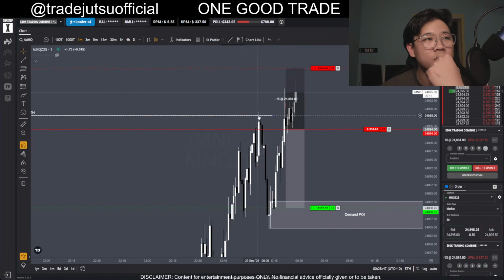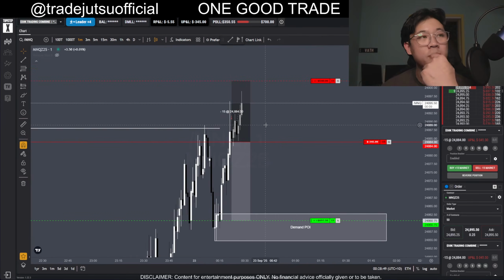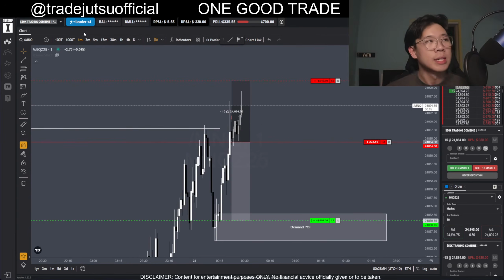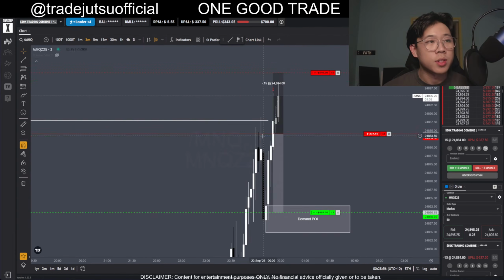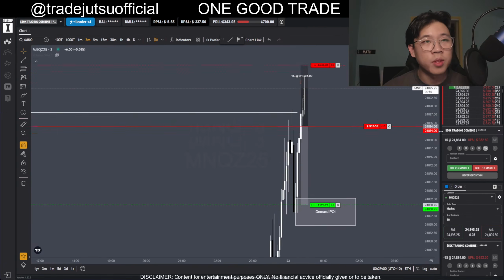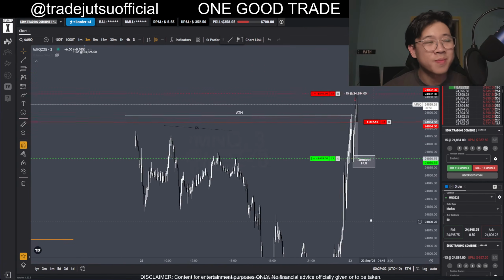This was the initial sweep, and the price has come for a deeper sweep, which I've seen sometimes reverses after the deeper sweep. There was an initial sweep and then a deeper sweep, which could be grabbing all the liquidity before moving down. Now, it is a Monday.